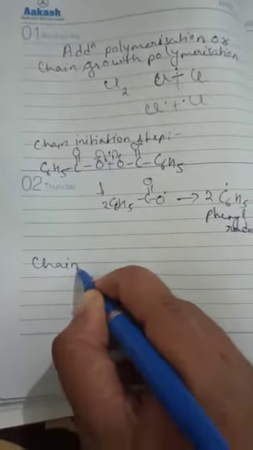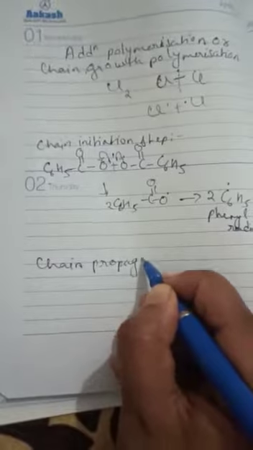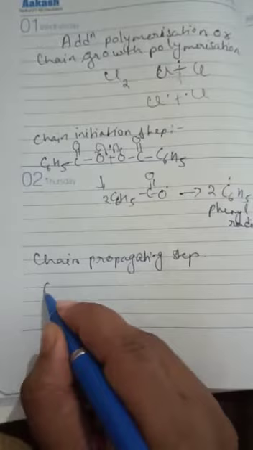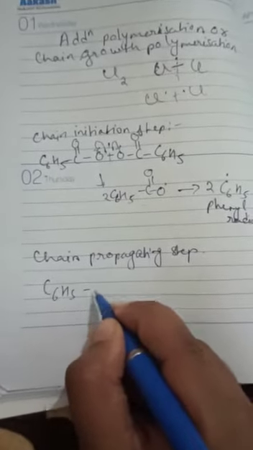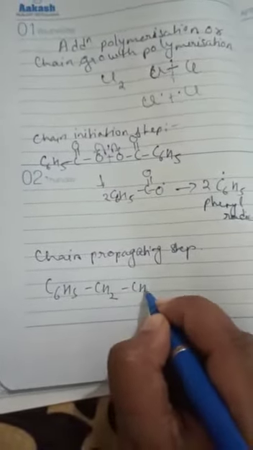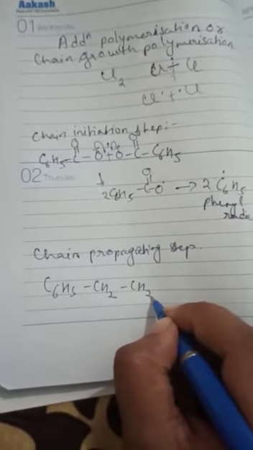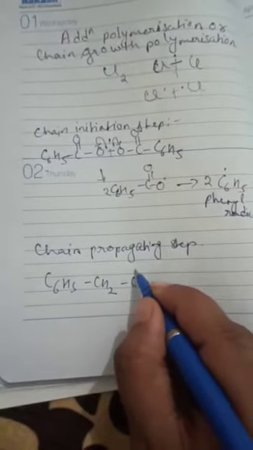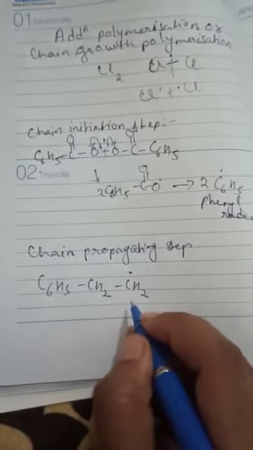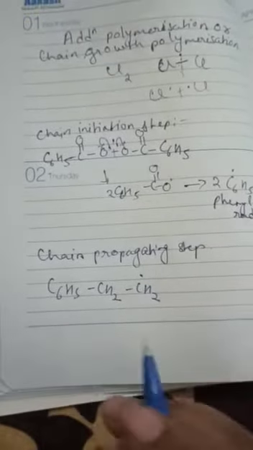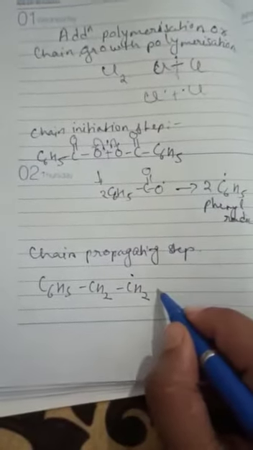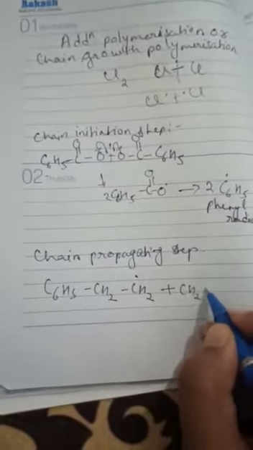Okay, so now in the next step, which is the chain propagation step, the phenyl radical reacts with the ethene molecule.